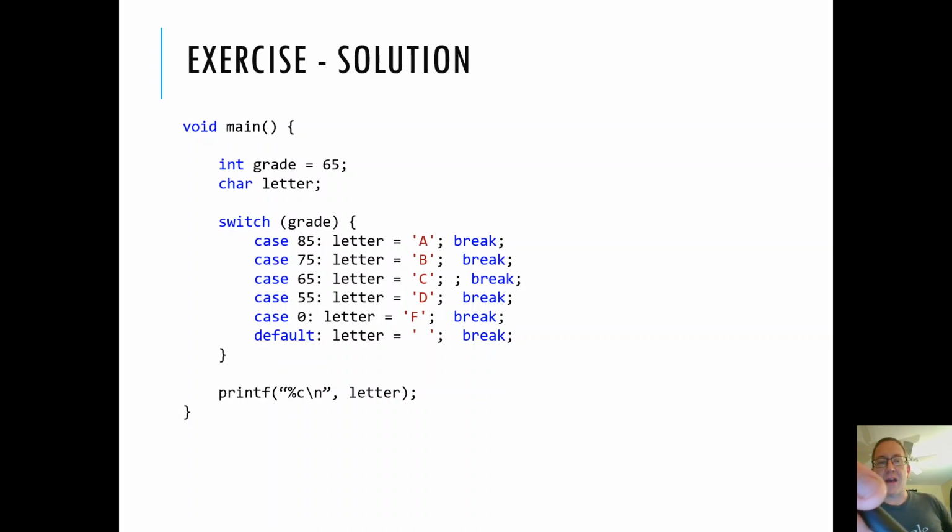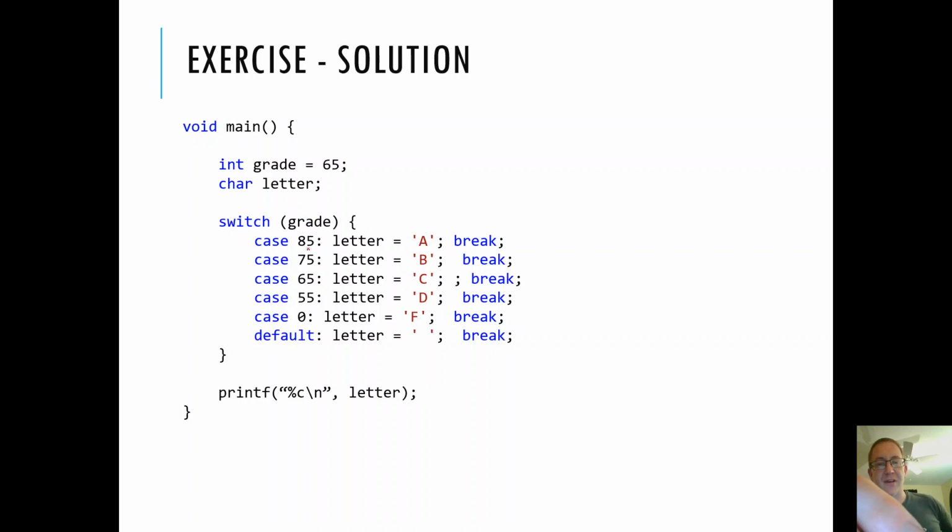So I have a grade. The grade goes in here. And I go through my various cases. I could include a default. The default could have been the 0 for all I know. It's a possibility, or it depends on how I wanted to do this. So switch on the grade, the thing that I'm actually evaluating. If the grade is equal to 85, then the letter is going to be equal to A. I'm going to set the letter A, and I'm going to break.